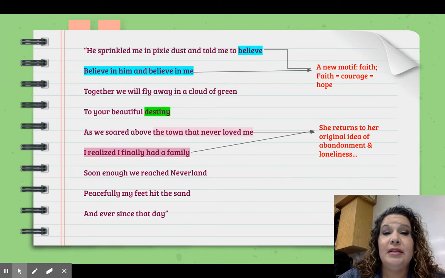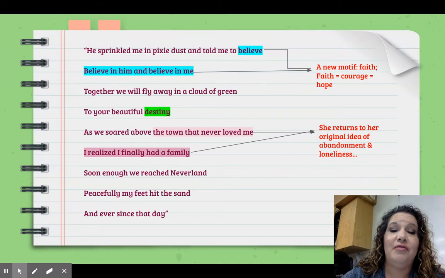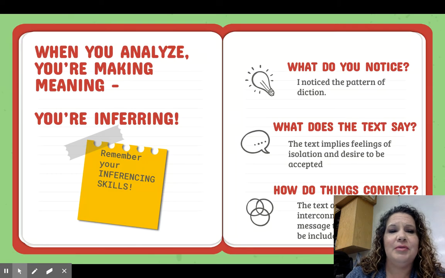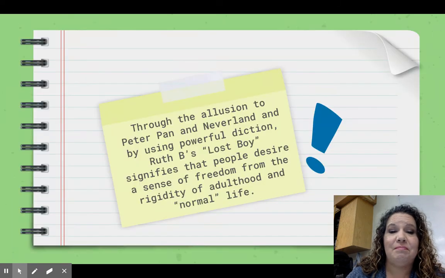I also note that Ruth B. says Peter Pan told her to believe in herself and in him, and that she has one isolated instance of imagery with the cloud of green, and that leads her to her destiny. And she leaves the town that never loved her to a family. So I'm reviewing those lines, and now I want to review my claim.